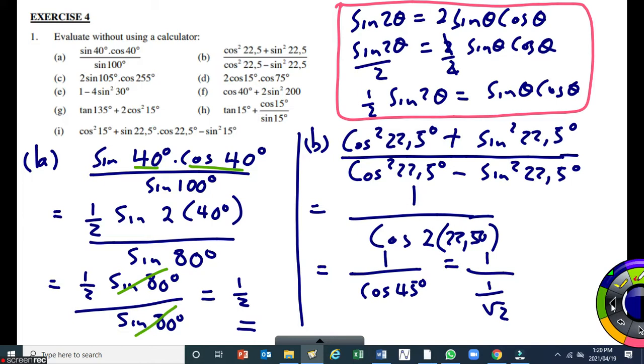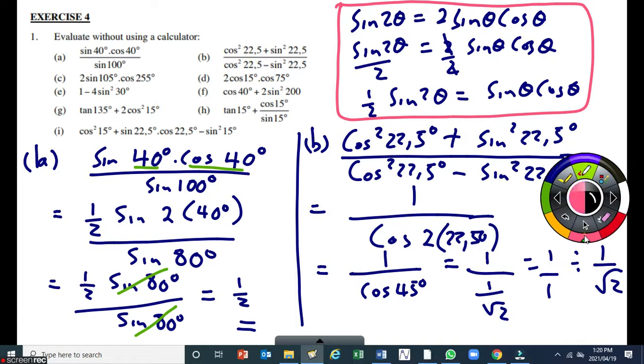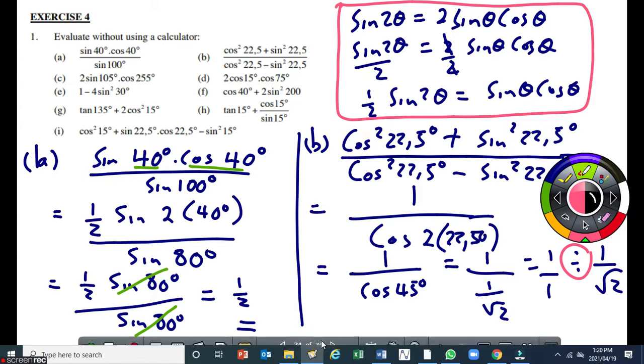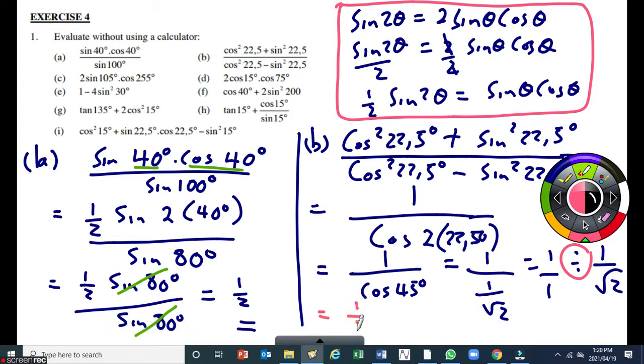Then this becomes 1 divided by 1 over square root of 2. This division, I'm going to convert to multiplication. I'll end up getting 1 over 1 times square root of 2 over 1, which means the final answer will be square root of 2.